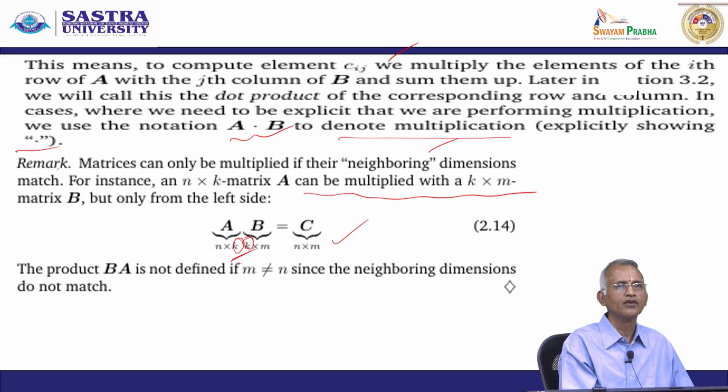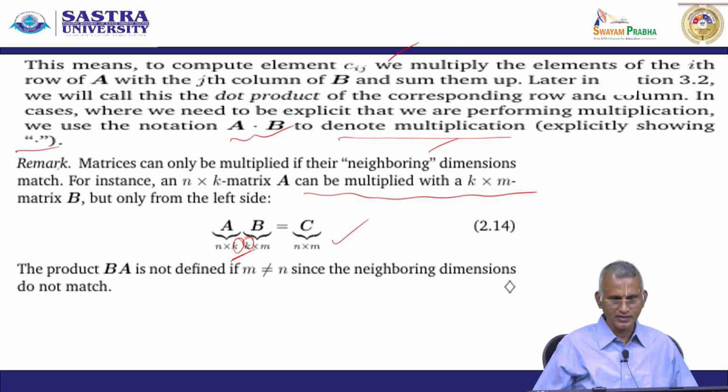Therefore, the product BA is not defined if m is not equal to k, since the neighboring dimensions do not match. Therefore, be careful: the column count of the first matrix and the row count of the second matrix must be the same, then matrix multiplication exists.